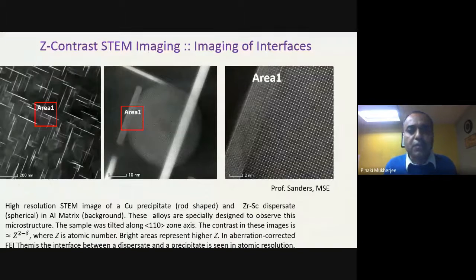Then there are many more applications, such as precipitation hardening in aluminum alloy, where adding zirconium or scandium strengthens the alloy by producing inhomogeneous precipitates, which stop crack propagation, dislocation propagation, and so on.